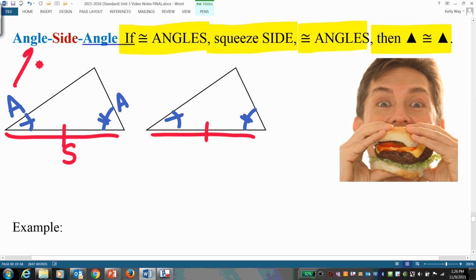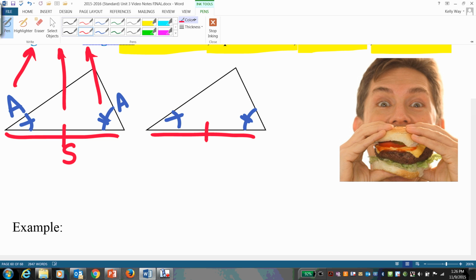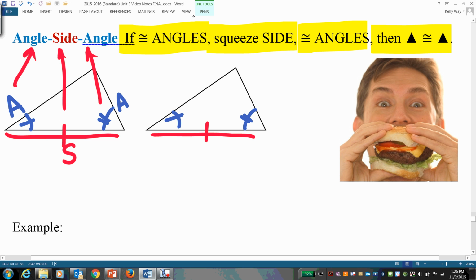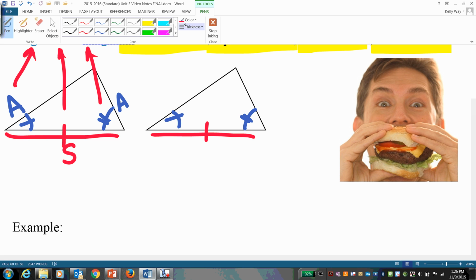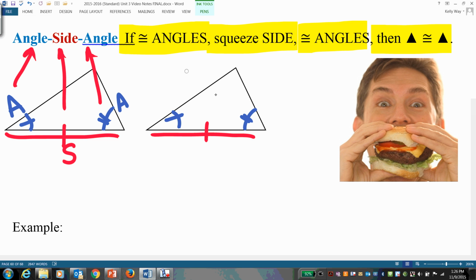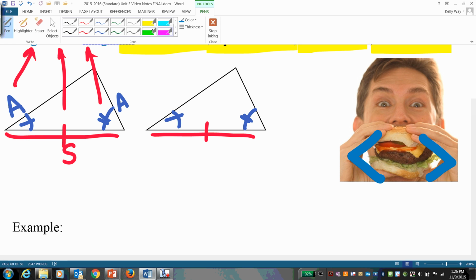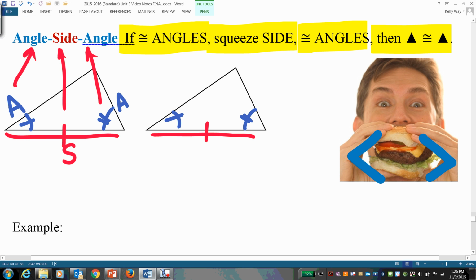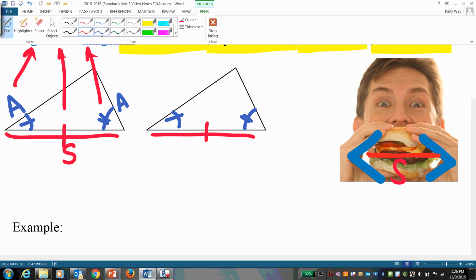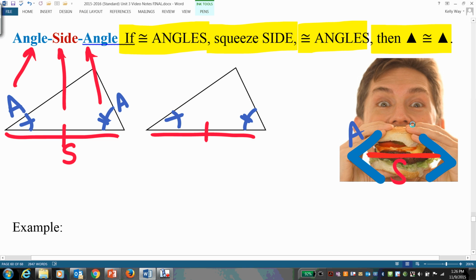Angle, side, angle. The way I'm visualizing this, just to give you a visual, is you have two angles. So think of this here, giant two angles. So that's the hands, and then you think of the hamburger patty being the side. So that reads angle, side, angle. The side has to be squeezed between the two angles.